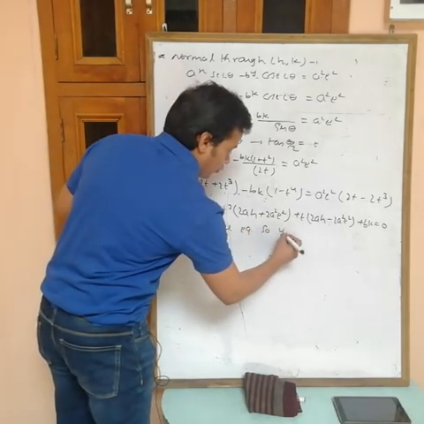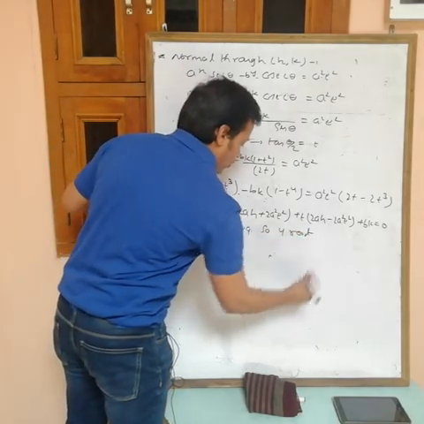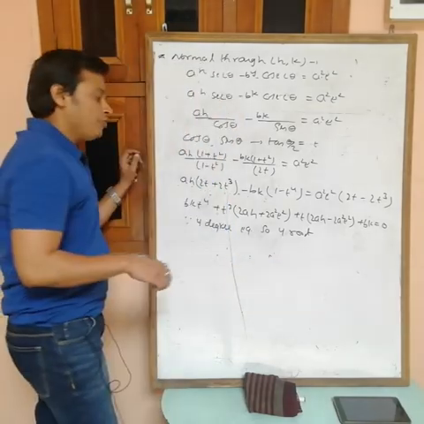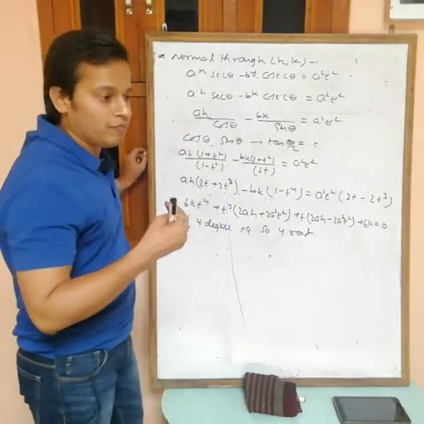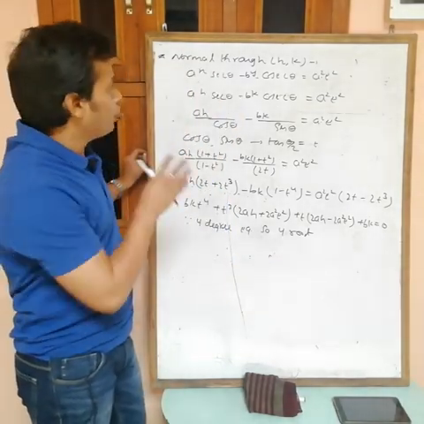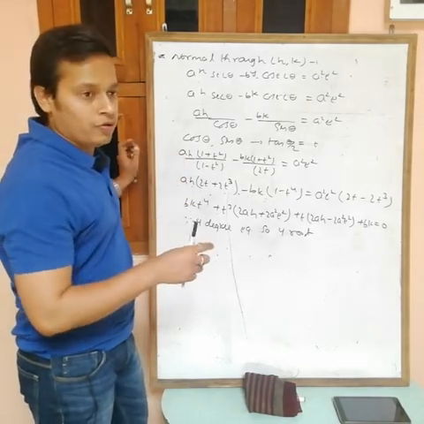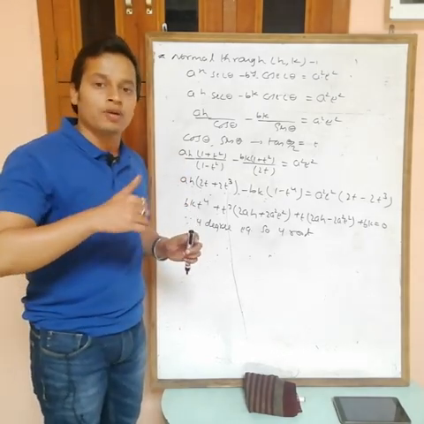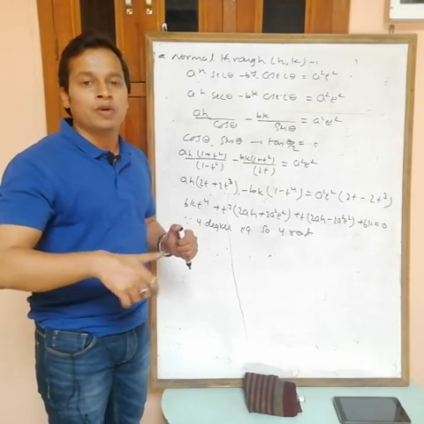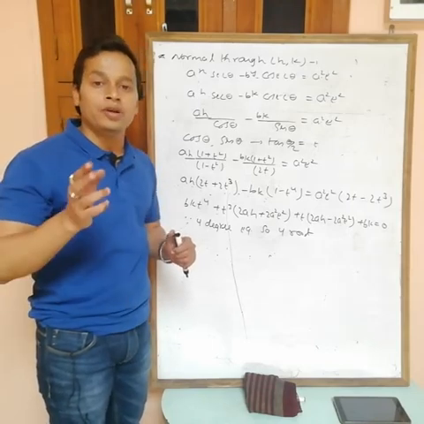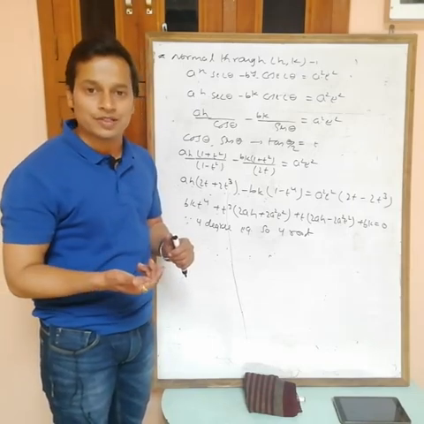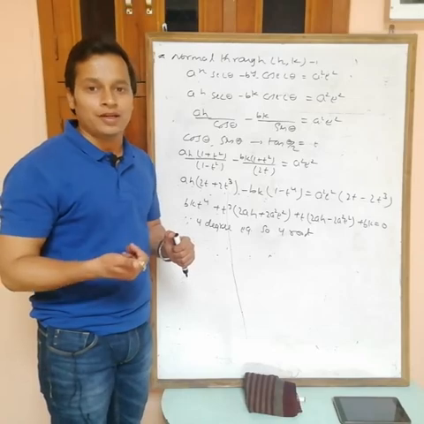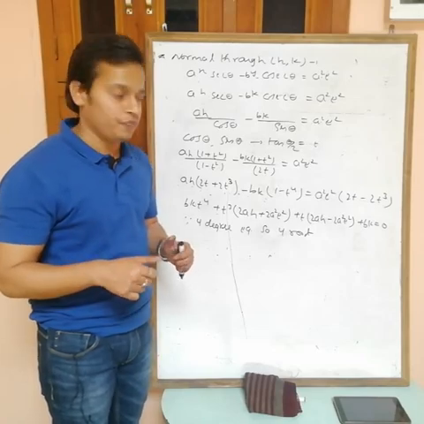A 4 degree equation, so 4 roots. So how many roots do we have? 4. So if you have 4 roots, then maximum you can draw 4 normals. Because it is possible that the number of roots is 4, but it is also possible that we have only 2 real roots and 2 imaginary roots. In that case you will get only 2 normals.